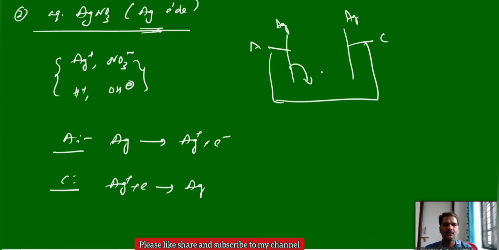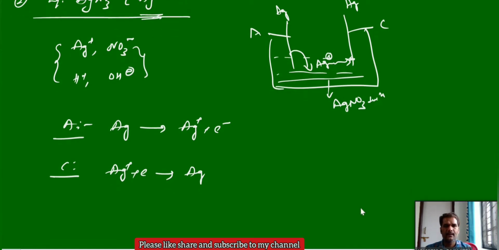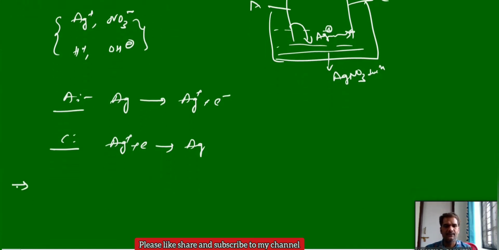Here silver will dissolve in an electrolytic solution of its own ion, AgNO3 solution. Silver will dissolve and give Ag plus ions, and those ions move towards the cathode and deposit over there. Again, there is no change with respect to the NO3 minus ions, H plus ions and OH minus ions. Again, in this case also, the concentration of electrolyte remains the same.